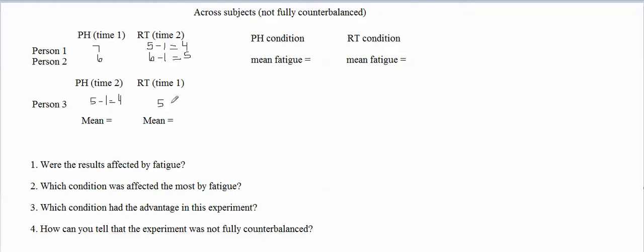And this score right here also has a fatigue score of 0 because it's happening at time 1. And all of the time 2 scores have a fatigue score of 1. So this would be 1, 1, 1. Just think of it this way. It's the same number that we have right here.